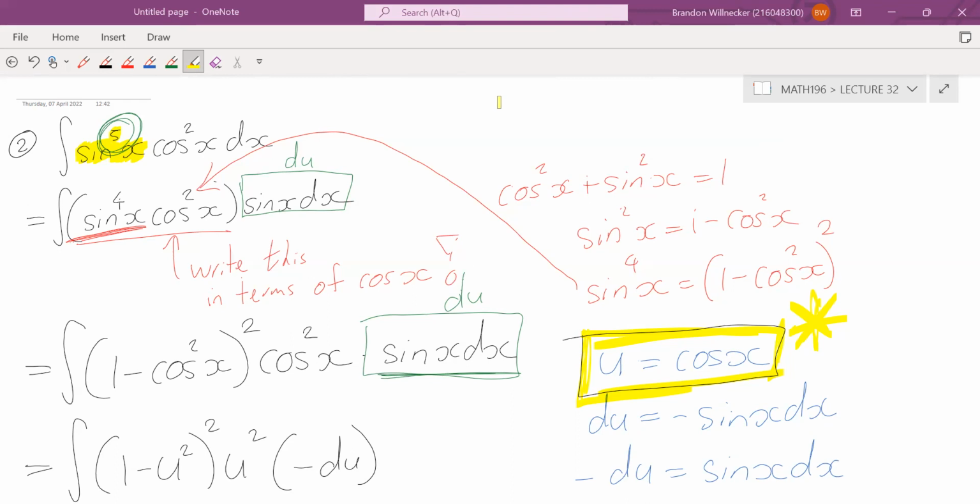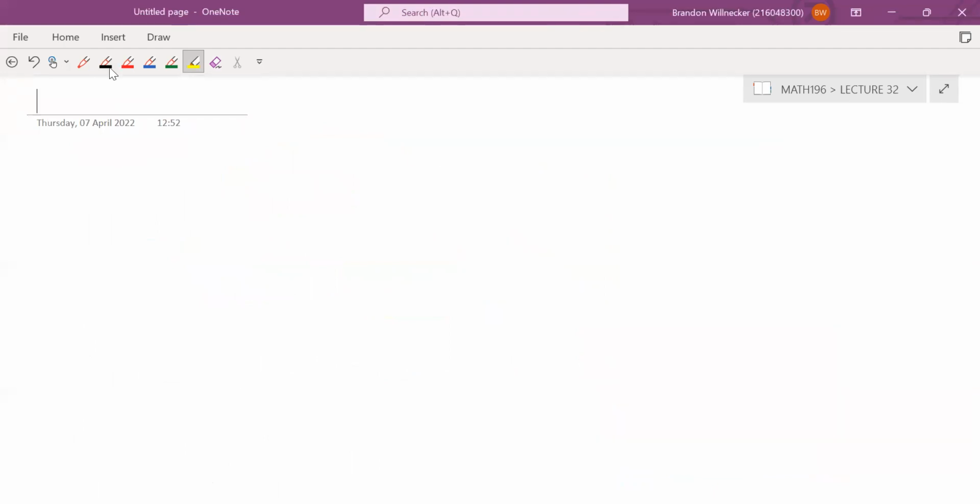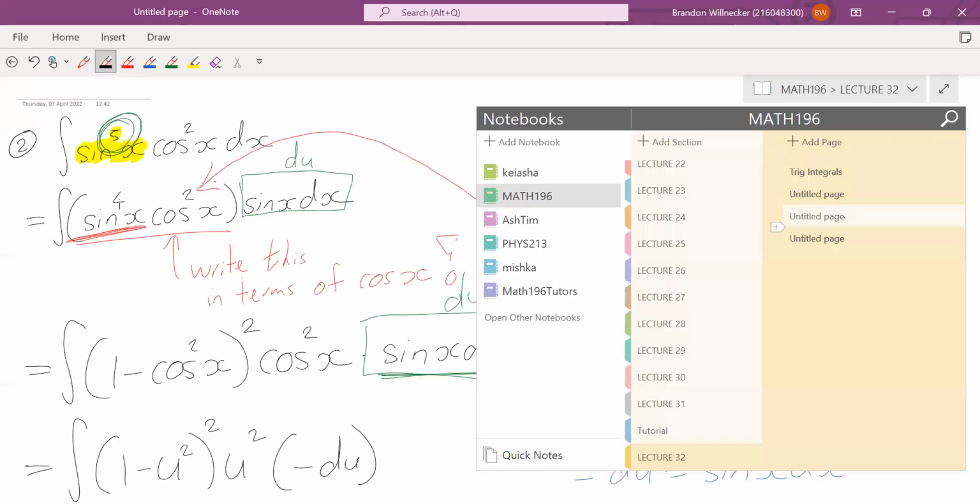Okay, someone's asking to re-explain. Yeah, sure, we can do that. So let's just take a look at this example again. So we had the integral of sine to the 5x cos squared x.